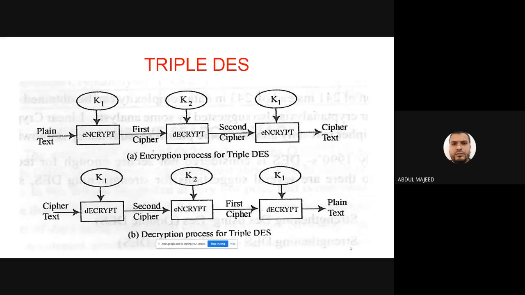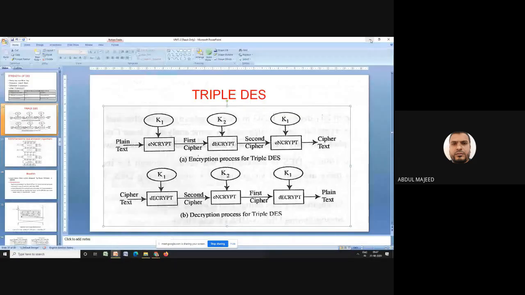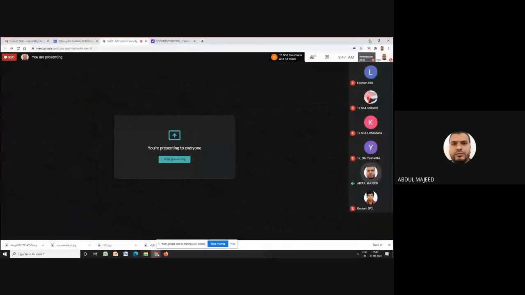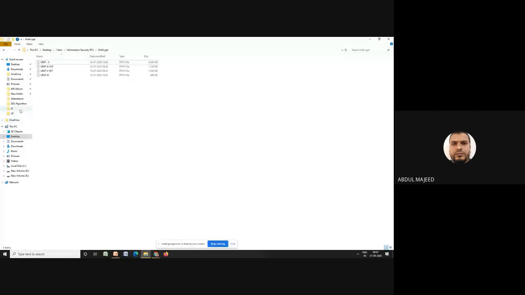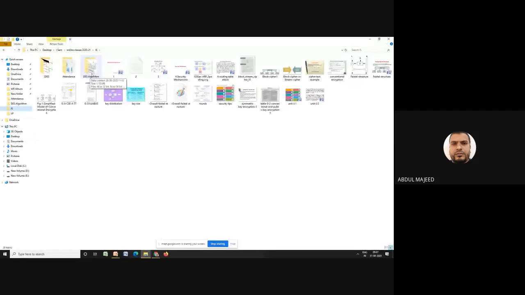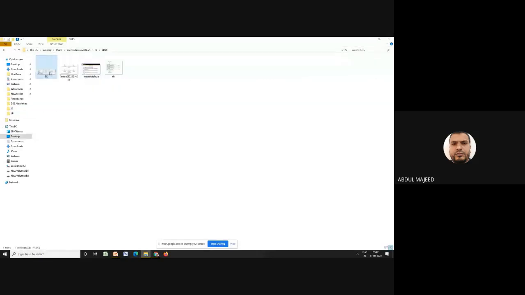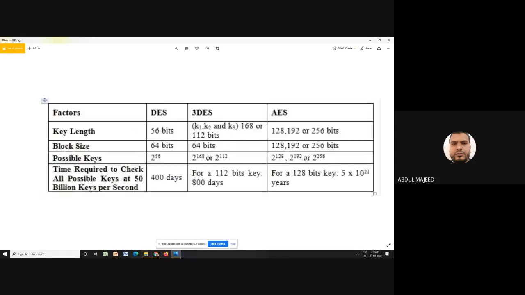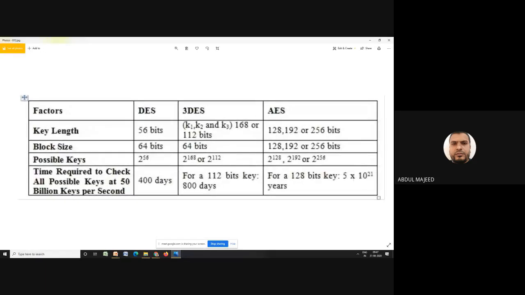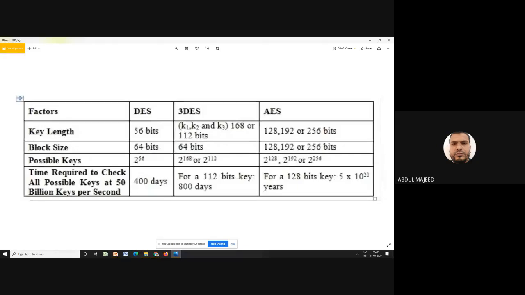I will show you a table of what happens if the key is fewer bits. If the key is small, we can easily break that code. So they want an improvement in key size. Why not produce a large key? Because highly computational devices are available in the market which can easily break your key.